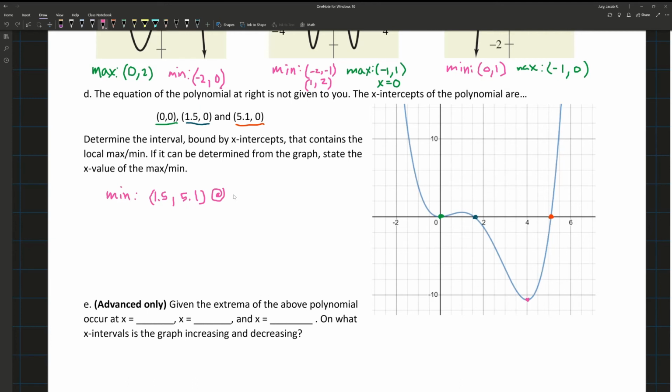So we can say at x equals 4. It's pretty apparent that's the lowest y value if we follow 4 all the way down. But I also see another one. At x equals 0, we have another local minimum.